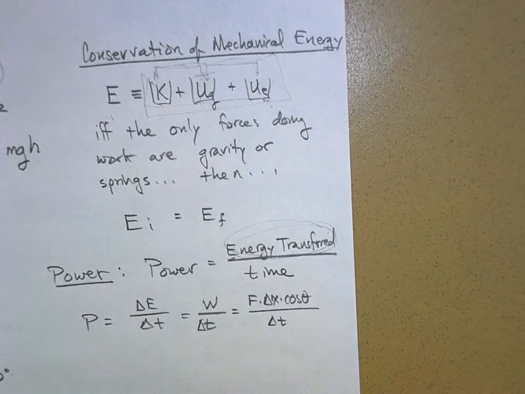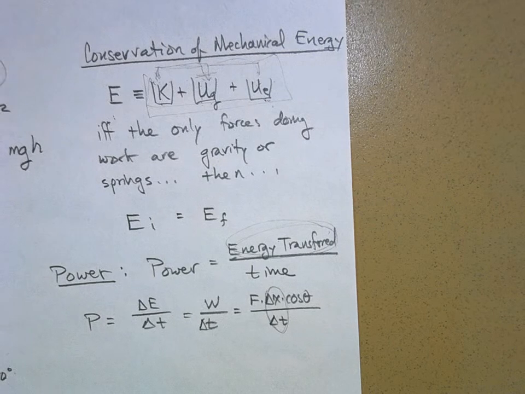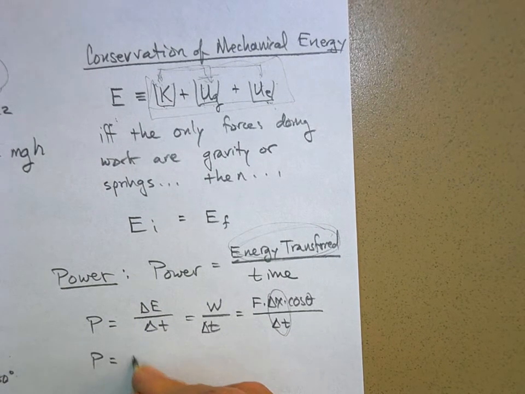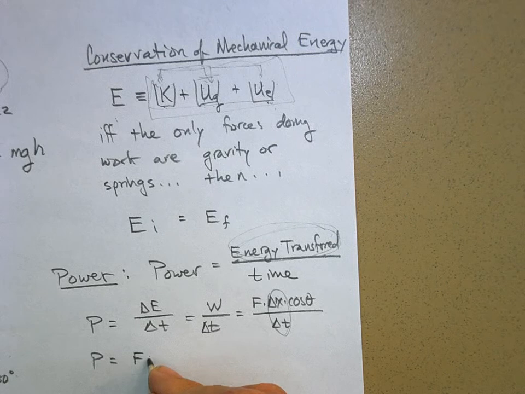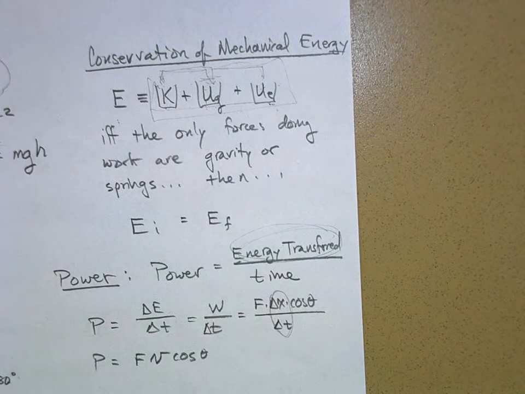Well, what is delta x over delta t? That's velocity. So you can also write power equals force times velocity times the cosine of the angle between the force and velocity vector.